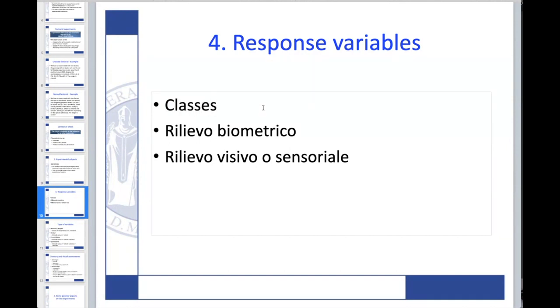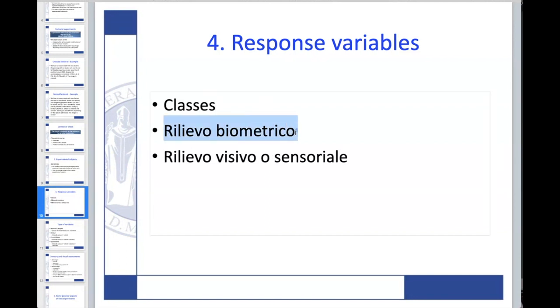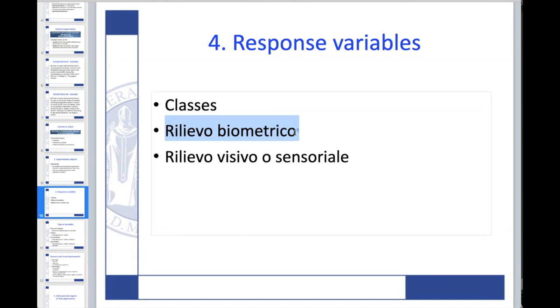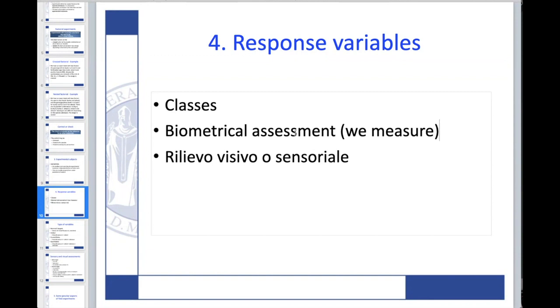This is not so common. I mean, in some cases we measure traits, and when we measure, we talk about biometrical assessment. We measure. What do we measure? We measure height, yields, the level of sugar in blood, whatever.